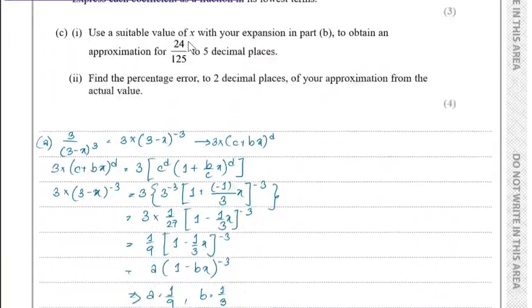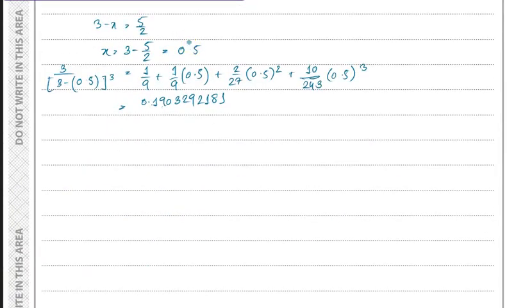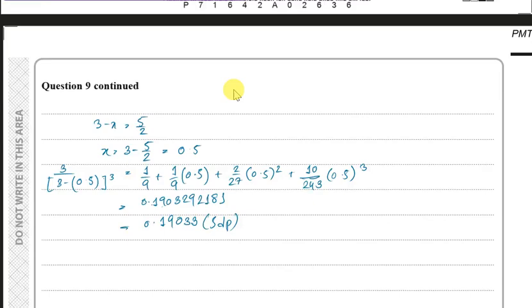So in 5 decimal places, this would be 0.1903. And if you look at this, up until 2, this is 5 decimal places, but after 2, there is 9, which is greater than 5. So the 2 will turn out to be 3. So this is in 5 decimal places.